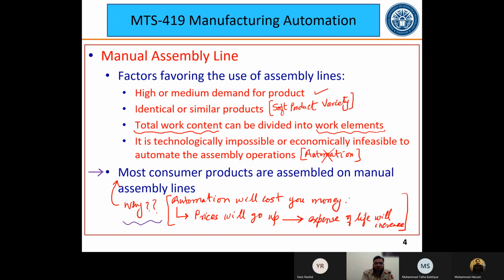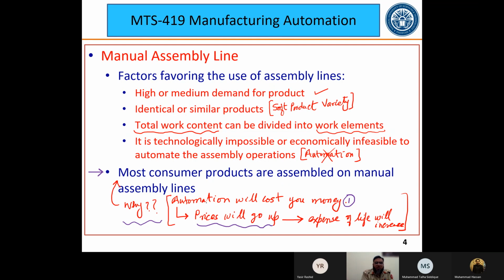So why do we use manual assembly lines for these products? The first thing is that we have read about it, that automation is going to cost you money. That money is going to be taken out of the pockets of the consumers. So the prices of daily use products will go up because of the automation. That is why we prefer to have assembly lines which involve manual labor.